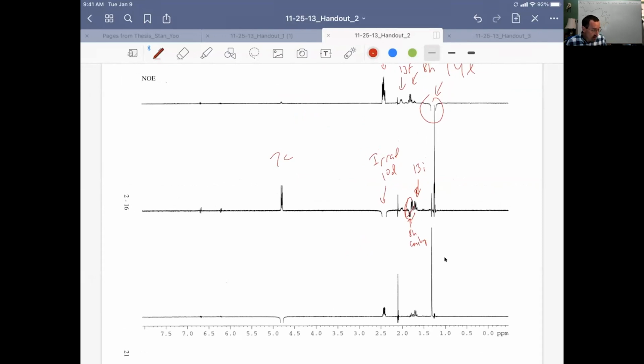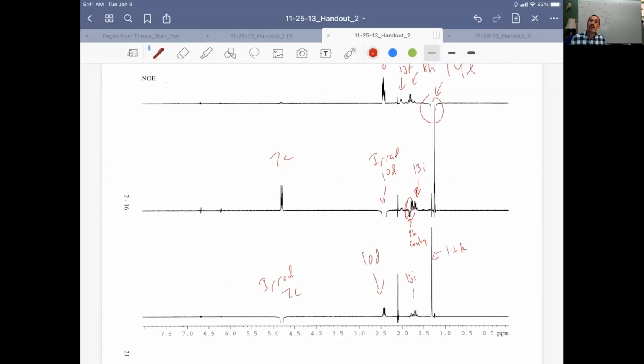And then what I think is nice and telling, because it's useful to have multiple complementary approaches here, is we irradiate 7C over here, and we get 10D, and we get 13I, we get a notable NOE to, and also to 12K.